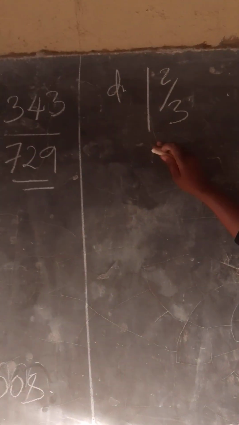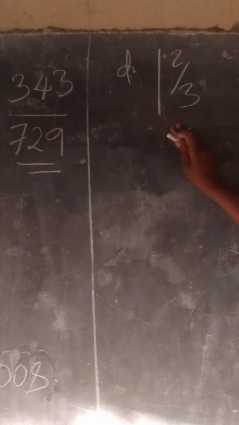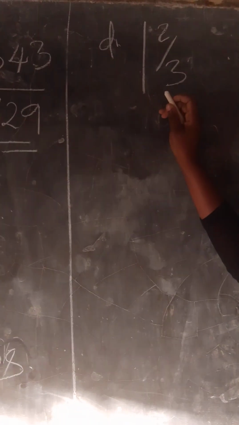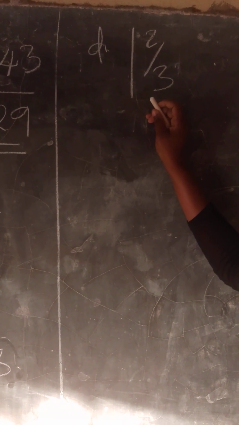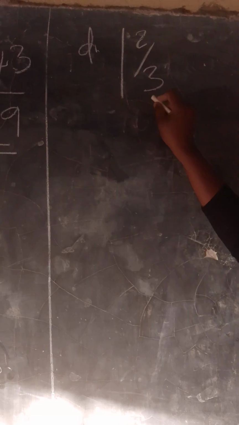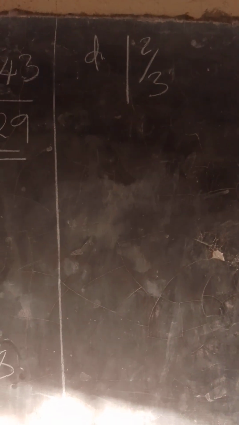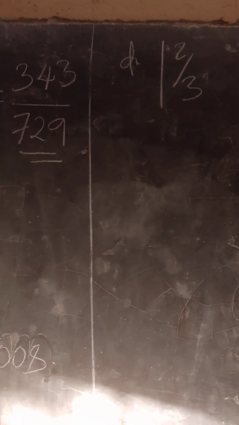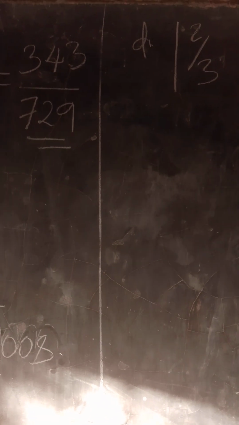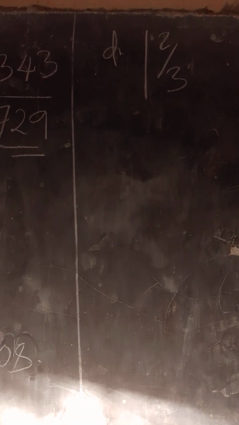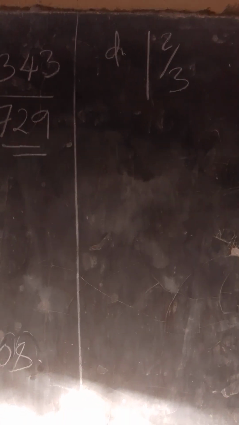The cube of this, as you can see, this is which type of a fraction? Mutanu? A mixed fraction. So anytime we come across a mixed fraction, we are supposed to convert that mixed fraction to an improper fraction.